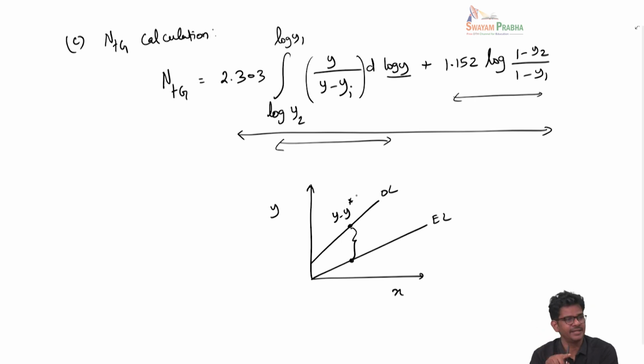But when you calculate NTG, what I want is the interfacial concentration, not the equilibrium concentration here. Okay. And having y here, there will be a corresponding yi somewhere here on the equilibrium line. So the question is, how am I going to calculate this yi? Any ideas? How do I find the interfacial concentration yi for any y on the operating line?